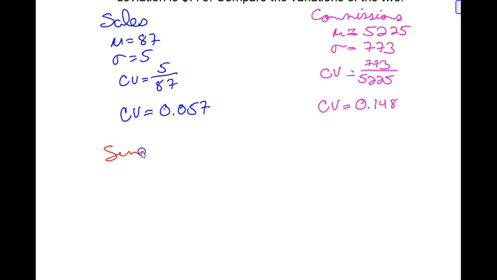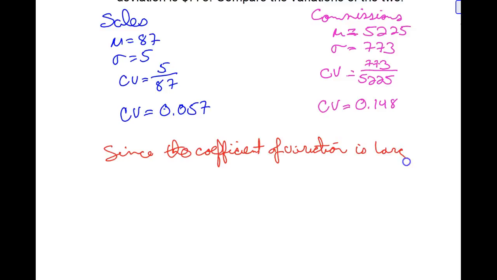So since the coefficient of variation is larger for commissions, the commissions are more variable than the sales.